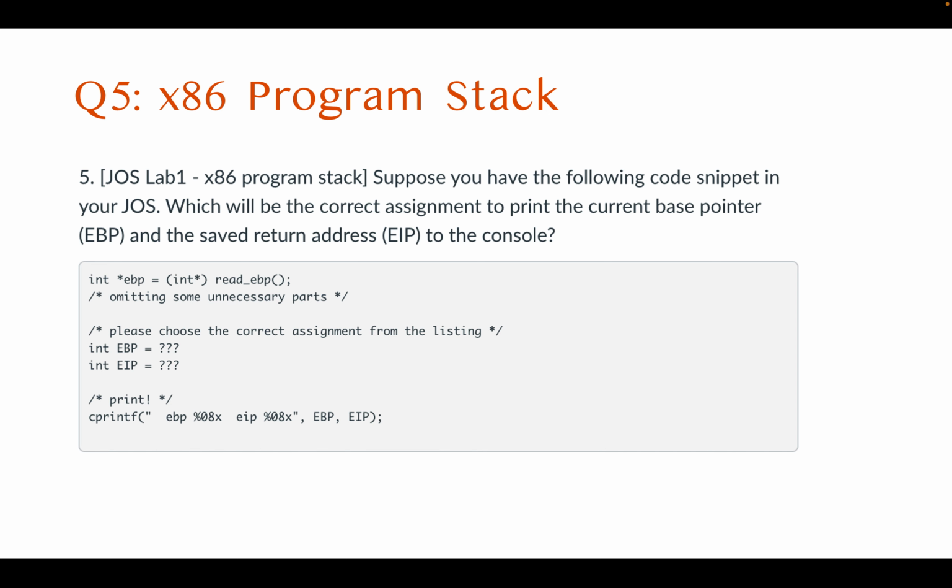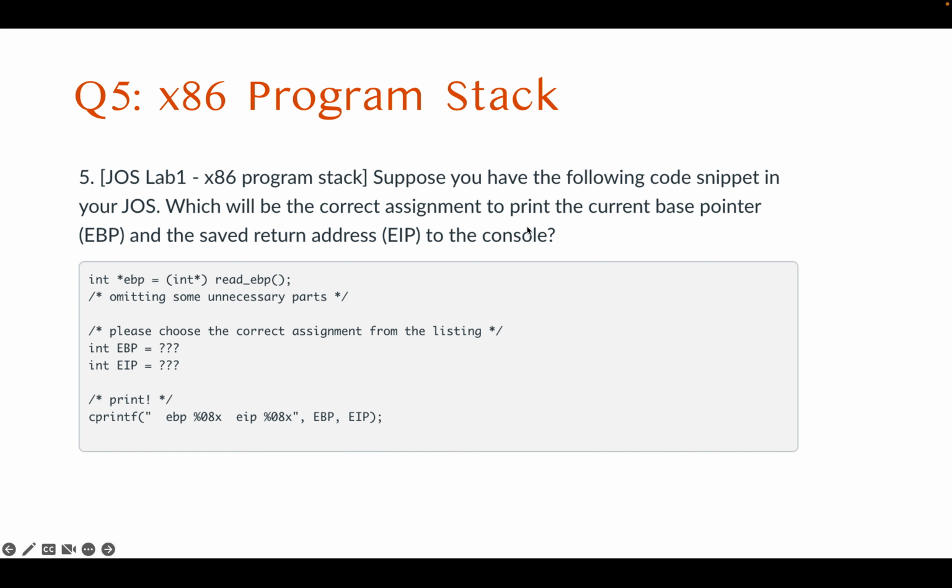And then next is question 5, about the x86 program stack. This asks questions about how you implemented JOS exercises 10, 11, 12 for printing the program stack for the monitor function. Let's follow the question description. Suppose you have the following code snippet in your JOS.